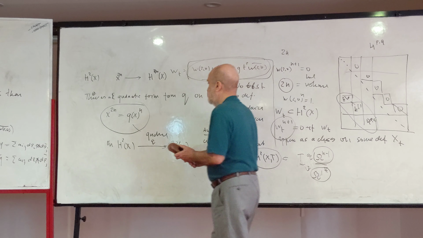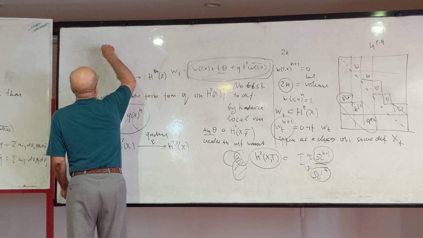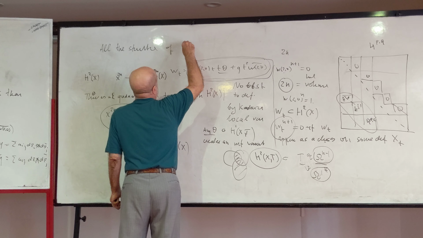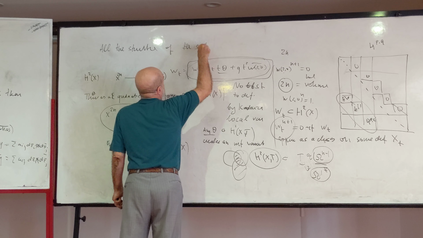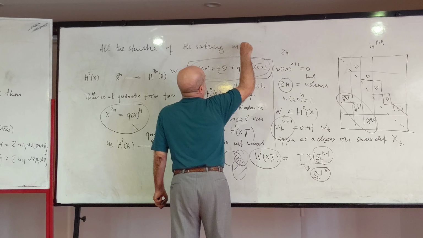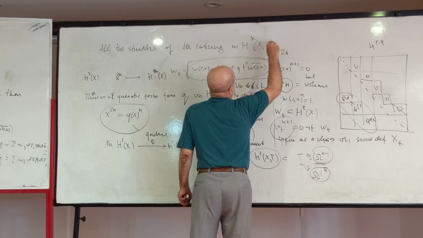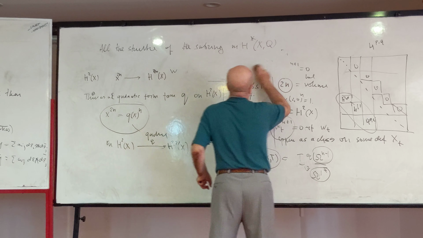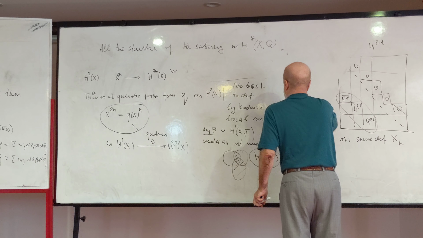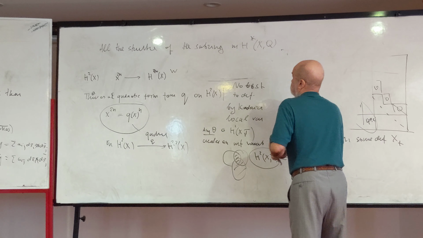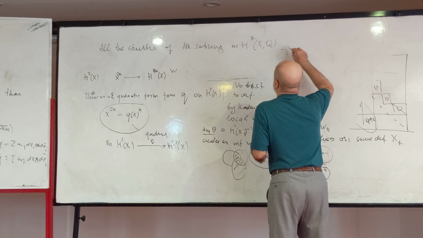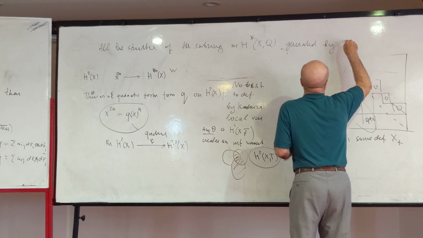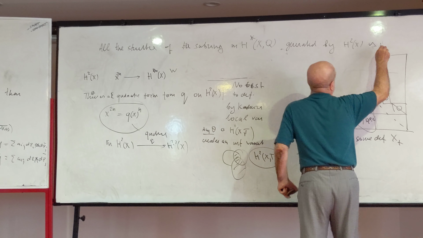All the structure, so maybe I should say, all the topological structure of the subring in H star of x generated by H2 of x is governed by Q. I say Q for simplicity, because I'm omitting potential finite elements.